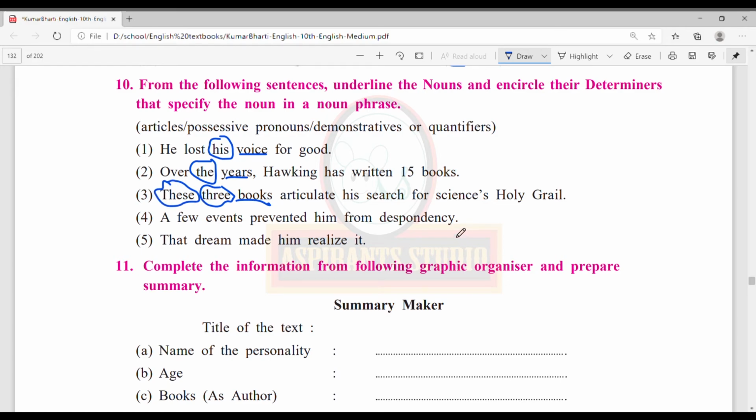And one more noun is there, search. For this the determinant is his. A few events prevented him from despondency. Here the noun is events, determiner is a few. That dream made him realize it. Here the noun is dream and determiner is that.